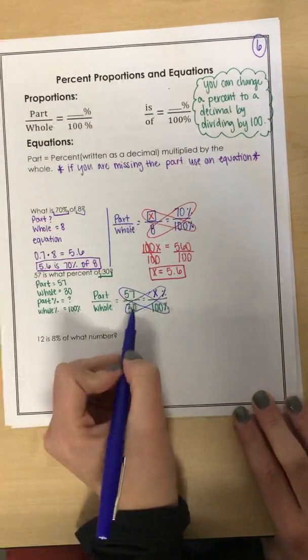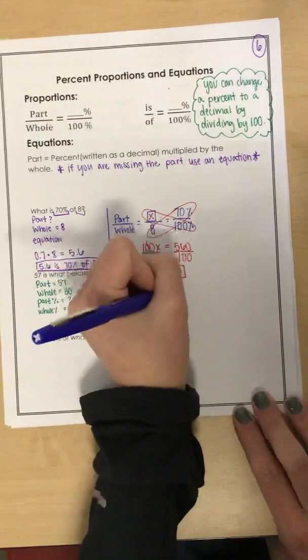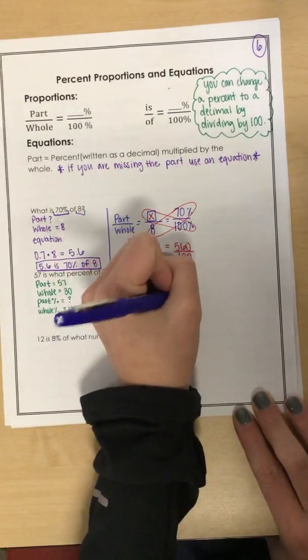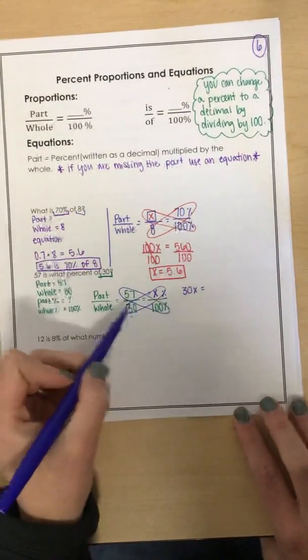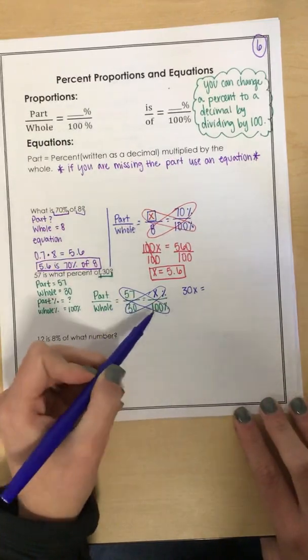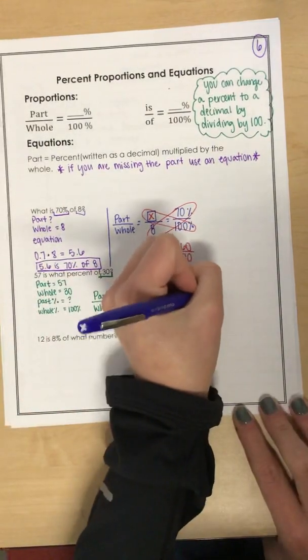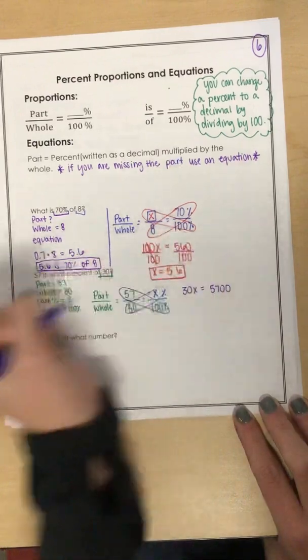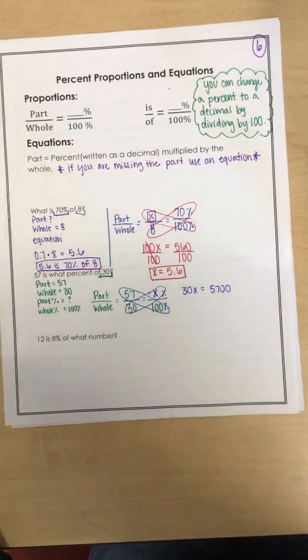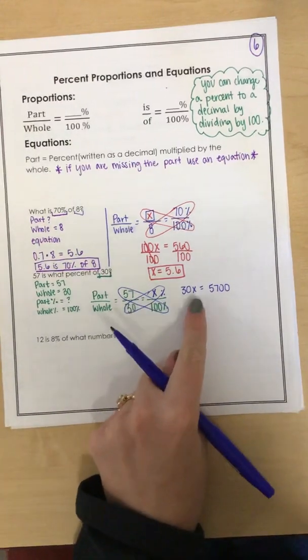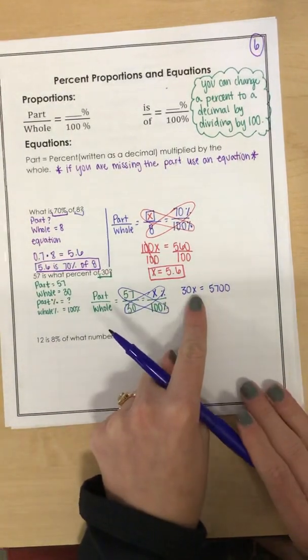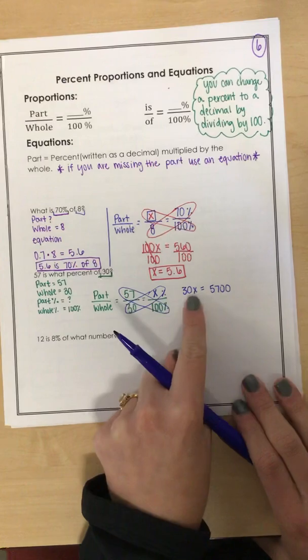And so if we look here, 30 times X is 30X. Remember, we're going to set up an equation. And then 57 times 100 is 5,700. And remember, you get calculators on these lessons. So now we're going to solve for X. We need X by itself. So right here it's being multiplied, and the opposite of multiplying is dividing.